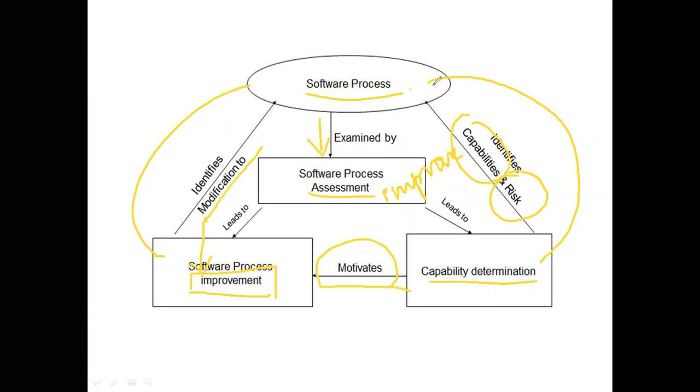If you make any changes, add some innovative ideas, then and only then does it act as a process improvement. Whereas within the capability determination, you're going to identify any risks within the software, or which level of capability it is achieving. You want to achieve some different level of process capability that you're going to identify within the particular software.